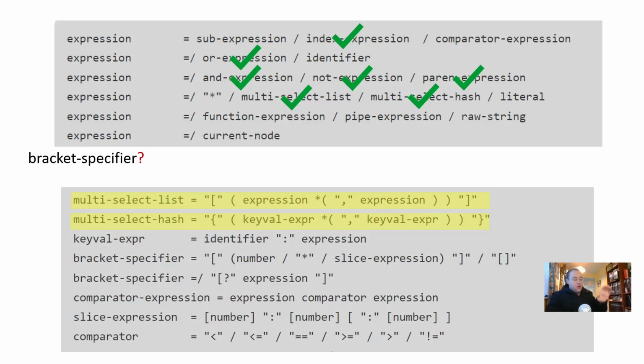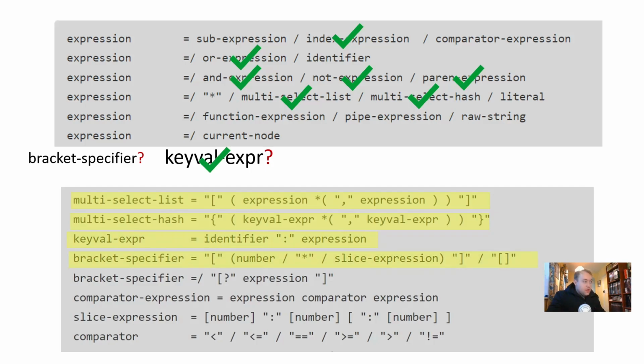Label, :selector. So key val expression must be to do with that, but I don't know what that means. Oh, there it is, analysed below. So key val expression is an identifier, and then a colon, and then an expression. So that tells us that identifier, that means we have, that's where we put our label for the keys we want in the result.